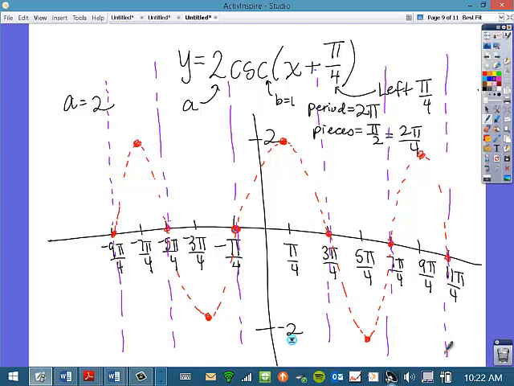And now I can go graph cosecant here, down here, up here, down there, and up here. So sorry, my graph kind of got in the way of all of my words. Here is that cosecant function.